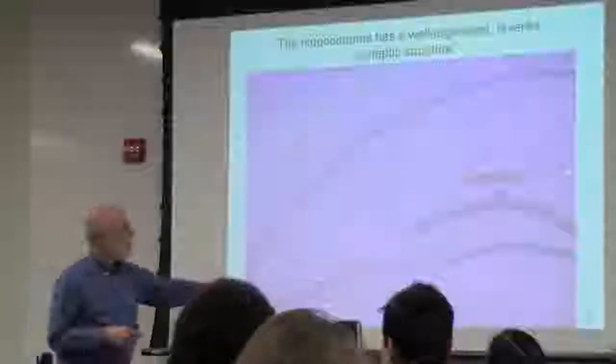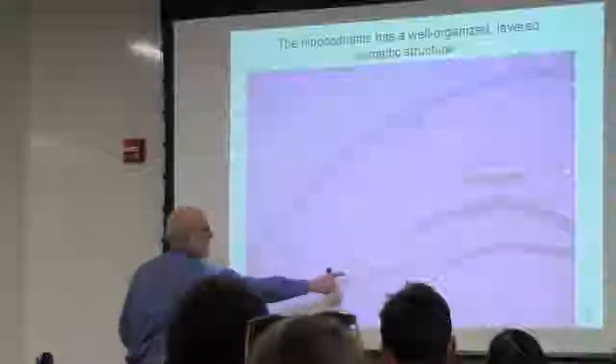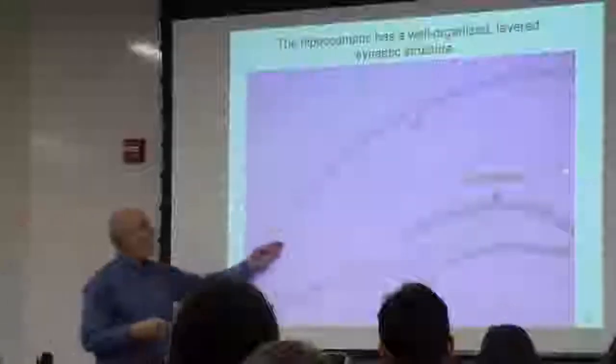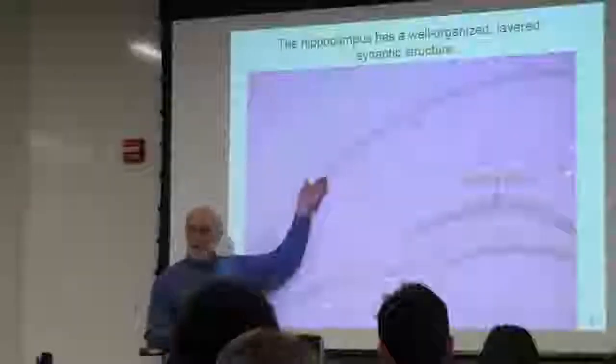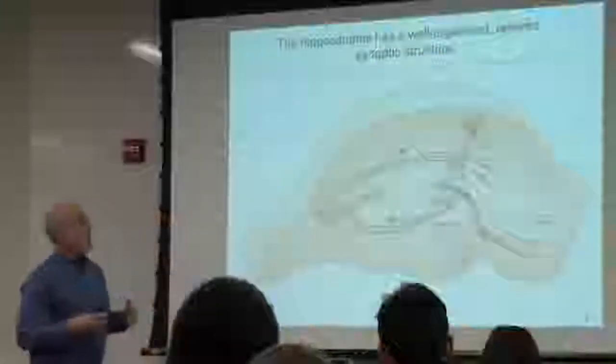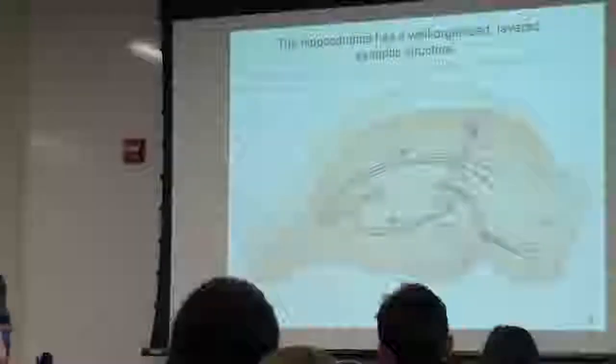So soma in the dentate gyrus, and soma in the so-called CA3, CA2, and CA1 region of the hippocampus. And in here are the axons and synapses of these cells, whose cell bodies are labeled. And here's a cartoon of the same structure.